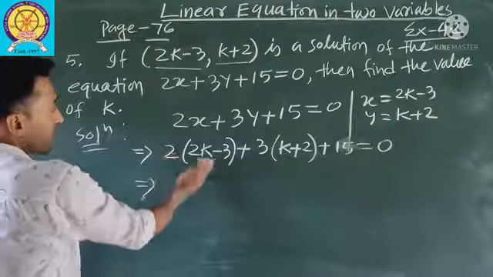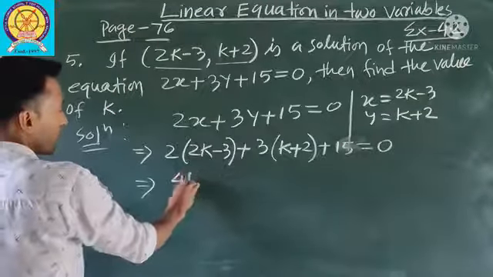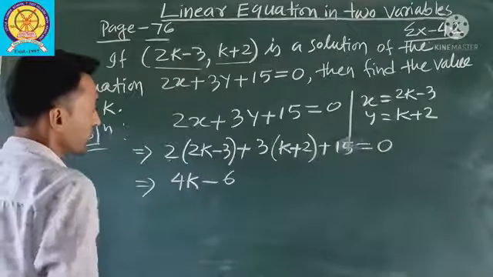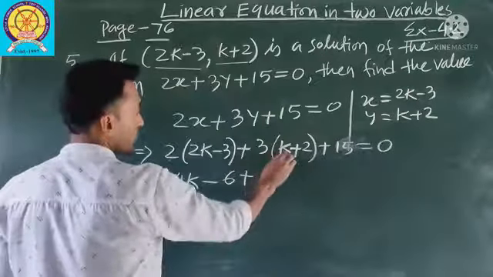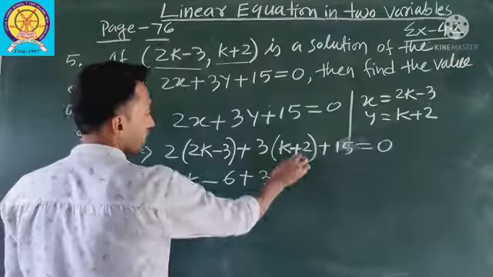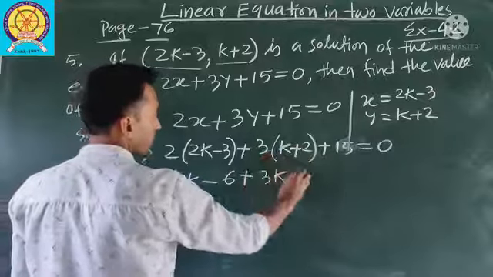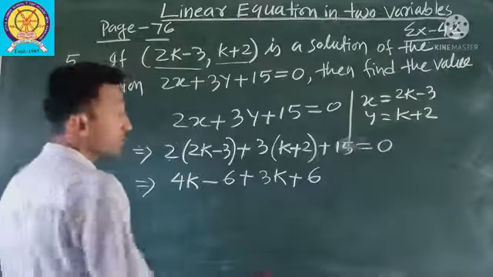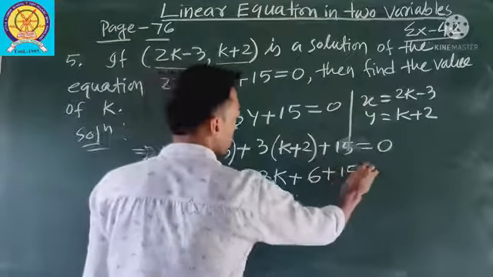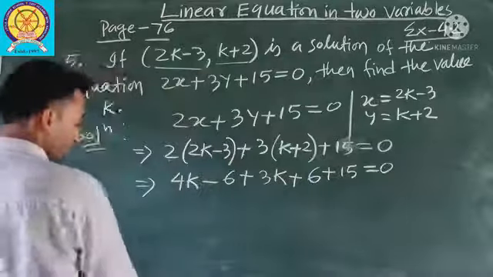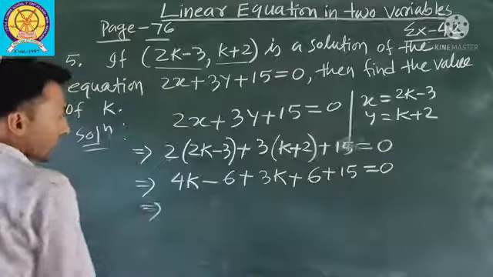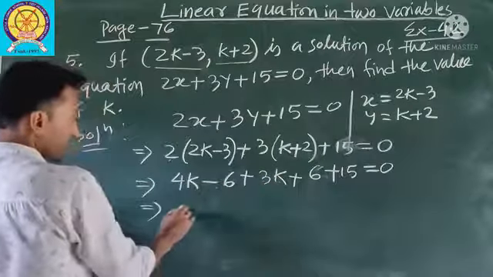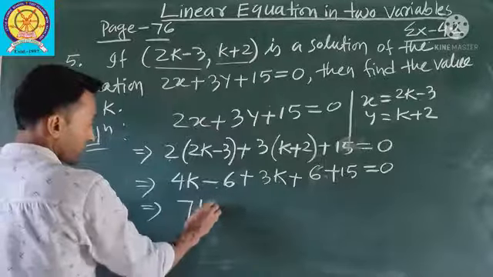Now you multiply. 2 into 2k is 4k, minus 2 into 3 is 6, plus 3 into k is 3k, plus 3 into 2 is 6, plus 15 is equal to 0. Now 4k plus 3k is 7k.